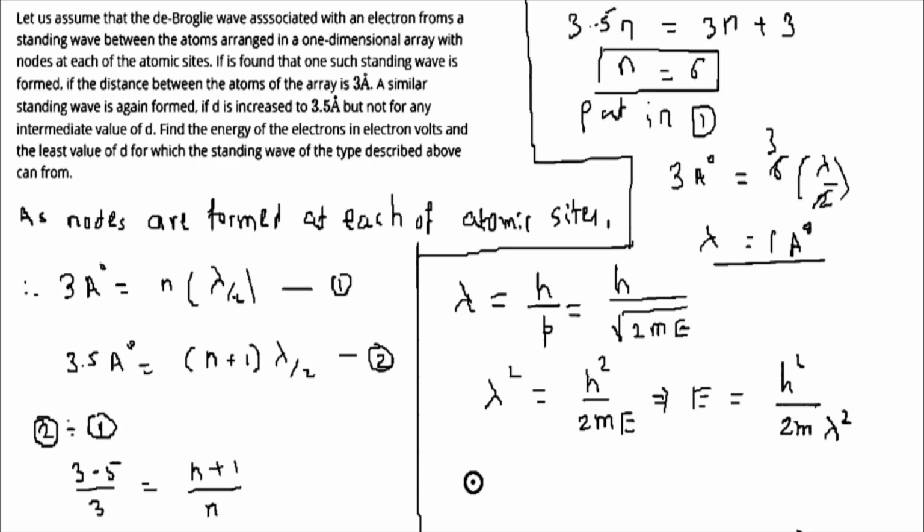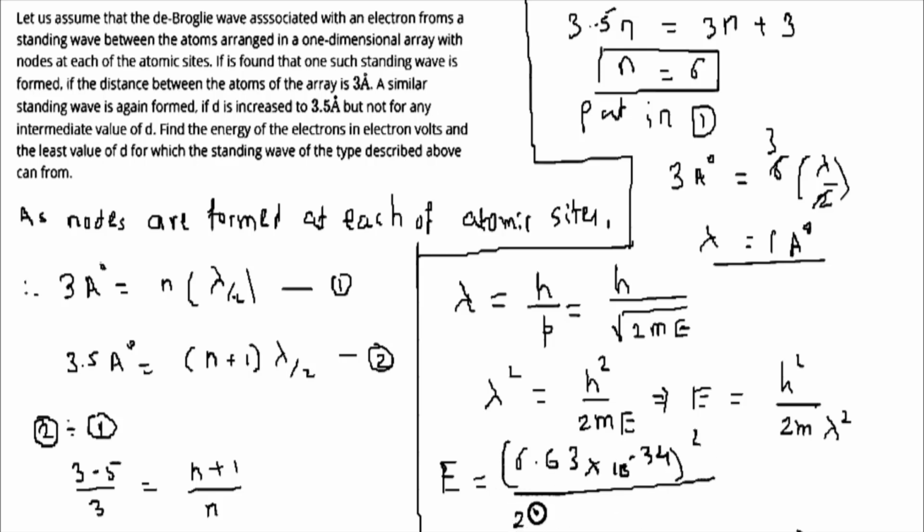Now we'll calculate the energy. Energy is equal to h square. What is the value of h? H is Planck's constant, 6.63 into 10 raised to minus 34, squared.